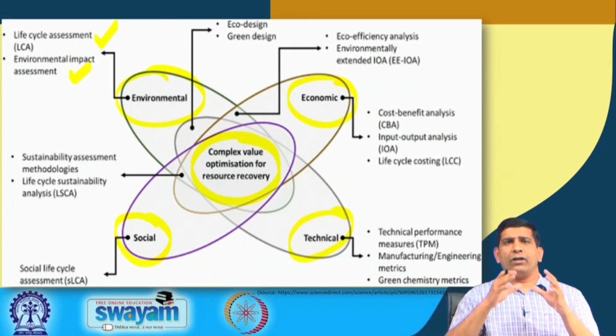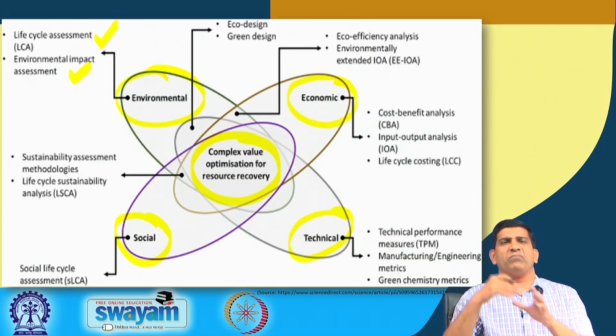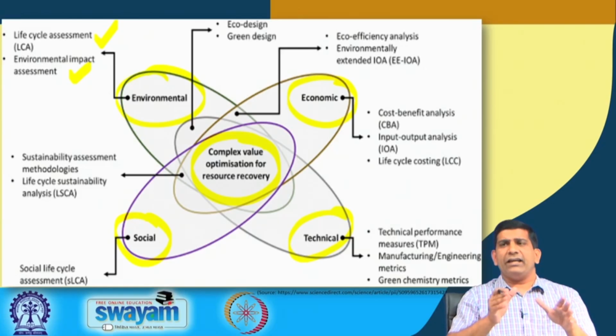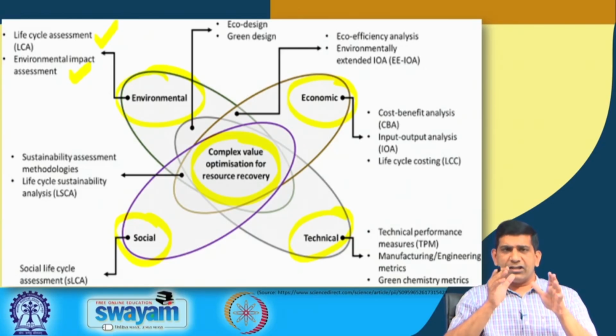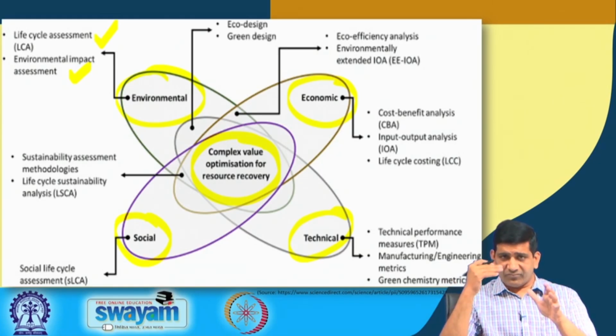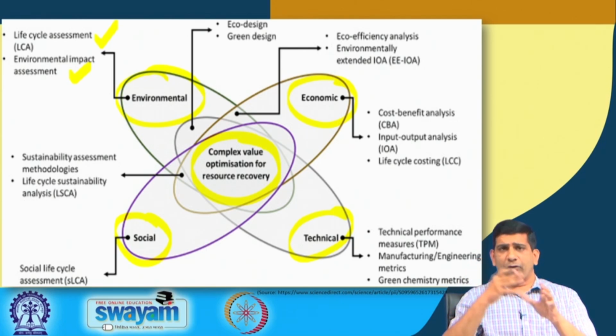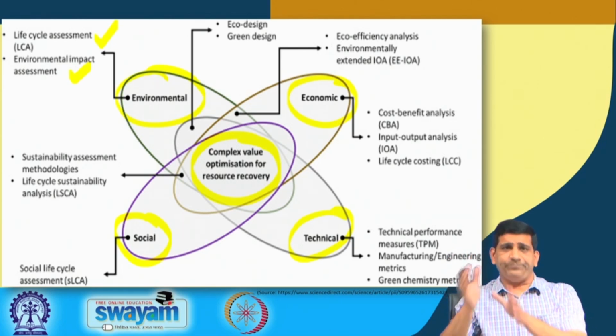Say, for example, I am sitting in the town of Kharagpur in West Bengal. Say there is a proposal to set up a new factory a few kilometers from our campus. Now, we will do an EIA to find out what impact is going to come with the settlement, with the construction and operation of this particular factory.